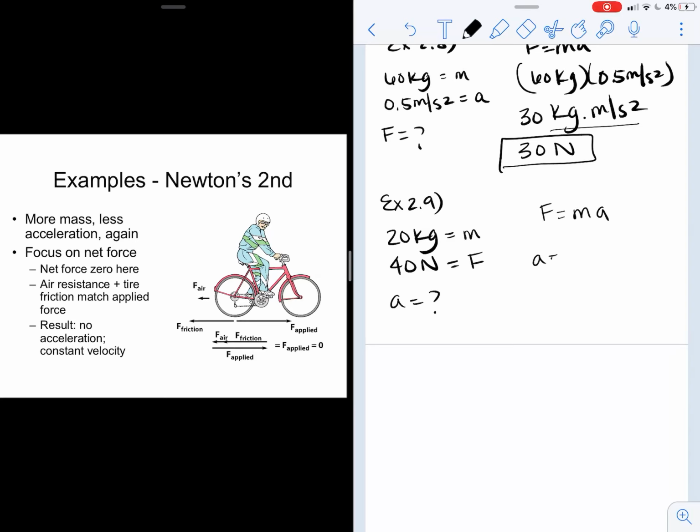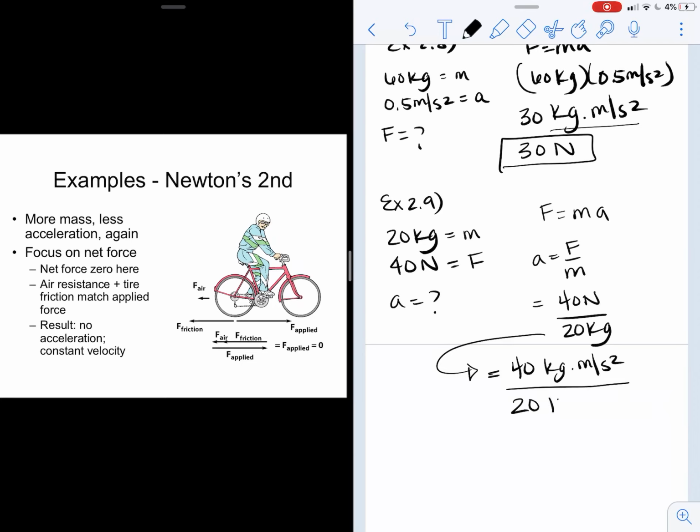Yes, we need to arrange it like how I had it on the previous slide. So now we can take our force, which is 40 newtons, divided by our mass, which is 20 kilograms. And this is why it's a really good idea to know what a Newton is. So a Newton is a kilogram times meter per second squared, divided by 20 kilograms.